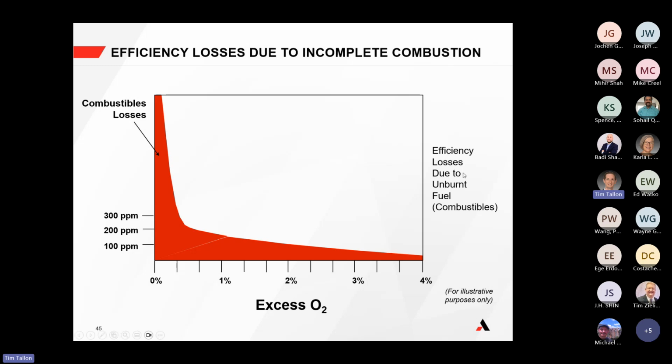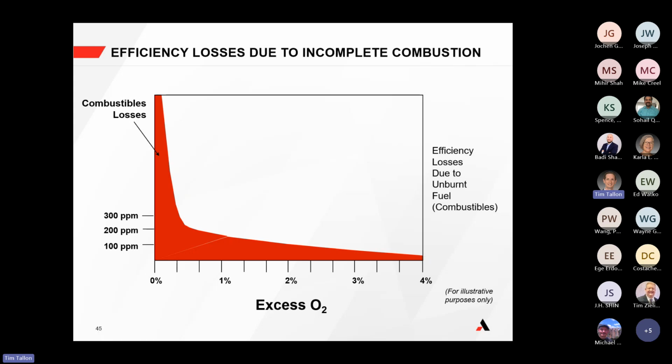As you look at combustibles, as you increase excess oxygen, your combustibles decrease significantly because you have more air at the burner, more air to mix with the fuel, and that can more fully consume all of the fuel at the burner. So as excess oxygen increases, you have less and less combustibles.